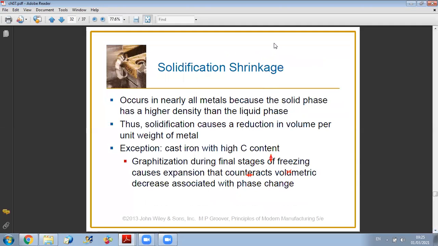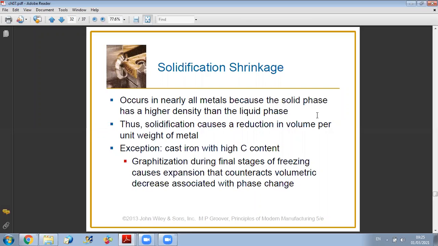Now, solidification shrinkage occurs in nearly all metals because the solid phase has a higher density than the liquid phase. Thus, solidification causes a reduction in volume per unit weight of metal. We have some exceptions. We have cast iron with high C content, and this is why we can add graphite to iron.